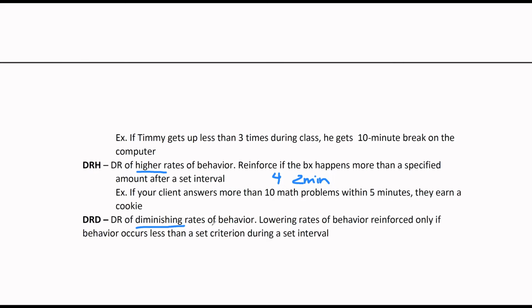It's very similar to DRL, right? We're lowering rates of behavior, reinforced only if behavior occurs less than a set criterion. So with the DRD, we're not going to use an inter-response time model, right? We're going to try to just set a criterion and then decrease that behavior lower and lower and lower. So again, behavior has to happen 3 or less times in 1 minute to get reinforcement.